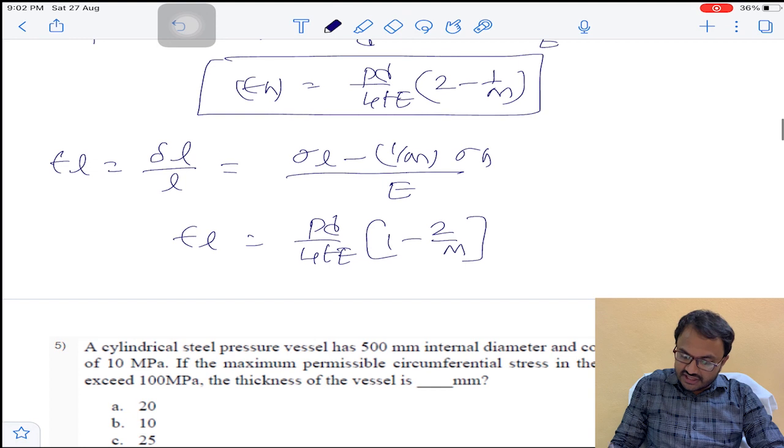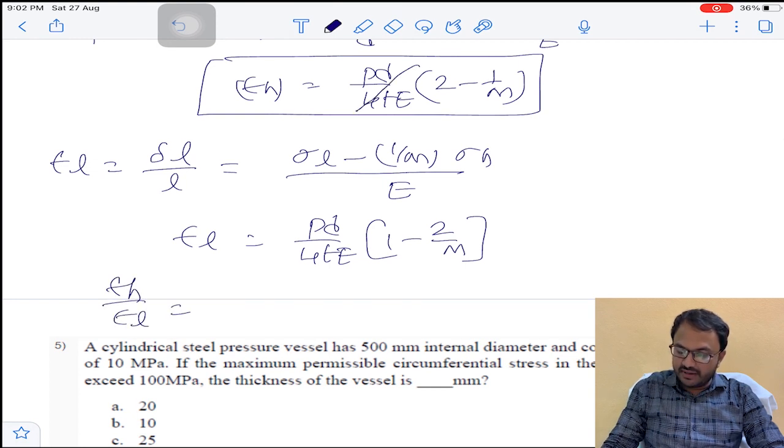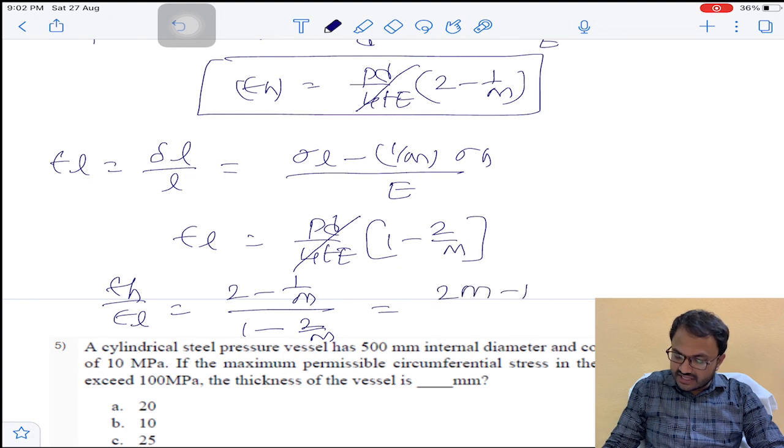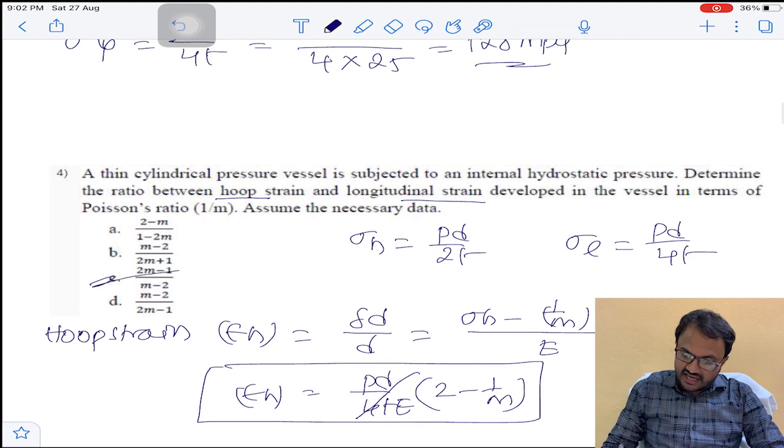So now he asked us to calculate epsilon h divided by epsilon L. PD by 4TE and PD by 4TE will get cancelled. 2 minus 1 by m divided by 1 minus 2 by m. So you will get it as 2m minus 1 divided by m minus 2. So the answer is C for question number 4.